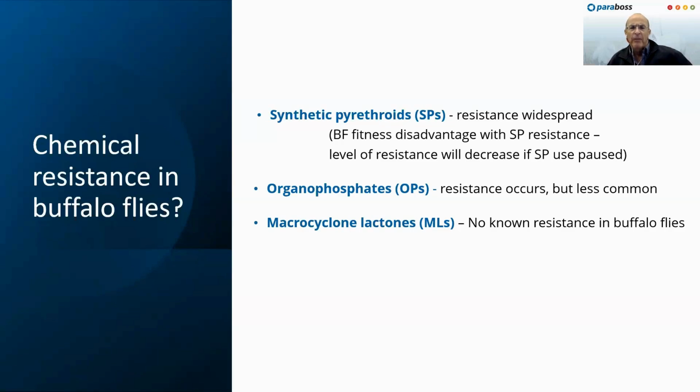The only good thing about this is there's actually a fitness disadvantage in the flies for resistance to pyrethroids, and if they haven't been used for a while, the flies will lose their resistance to some degree, and you'll get a pretty good effect from pyrethroids after you haven't used them for a while, when you've been using other chemicals.